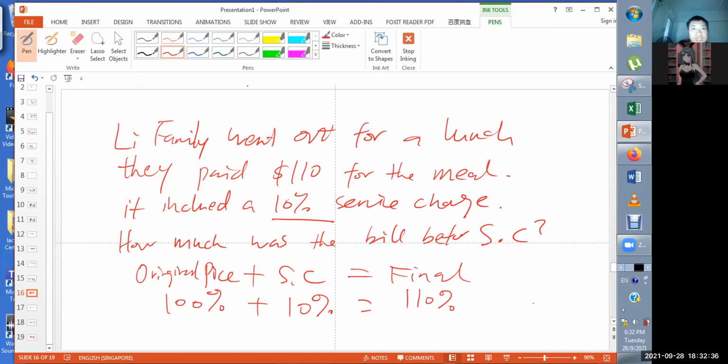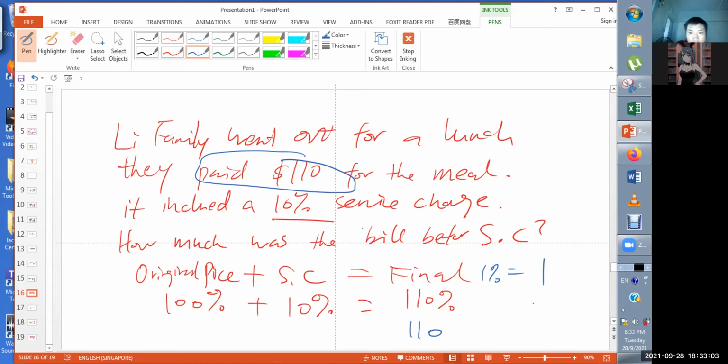Yeah. So with this understanding, what is the final price they pay? They pay 110 for the meal, right? That's the final bill, right? So 110 is here. So what is 1% then? 110 divided by 110 equals 1. So what's the answer? $1.